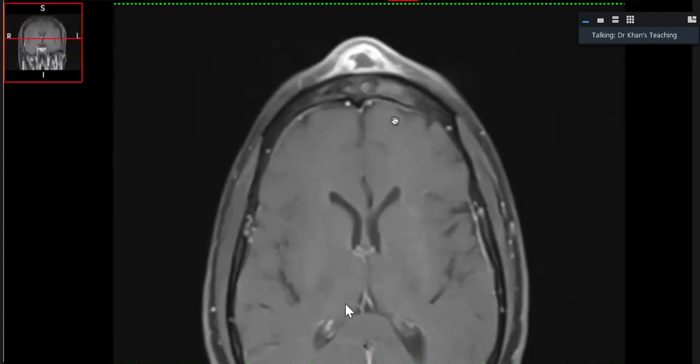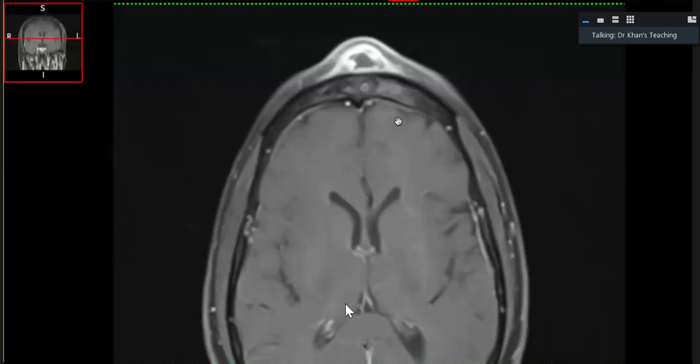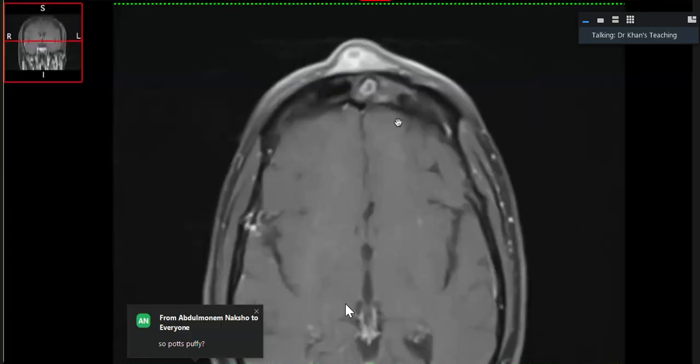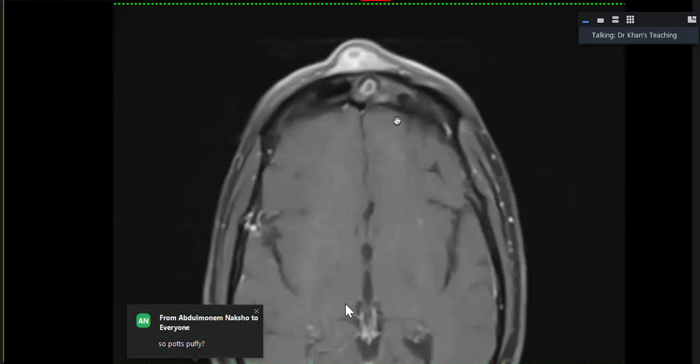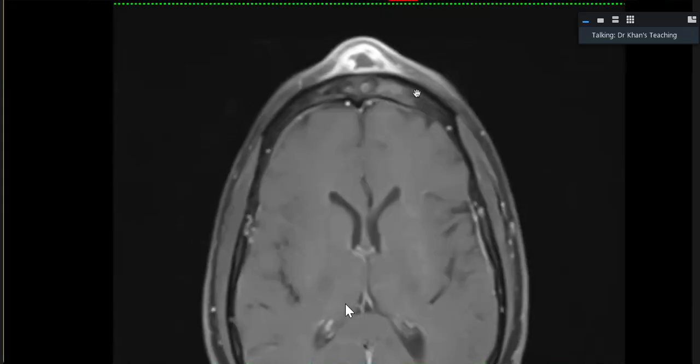So that has to be pointed out. And another thing is that this is by definition a subperiosteal abscess. Pott's puffy tumor is a description which we call it, but call it a subperiosteal abscess. Otherwise, well done.